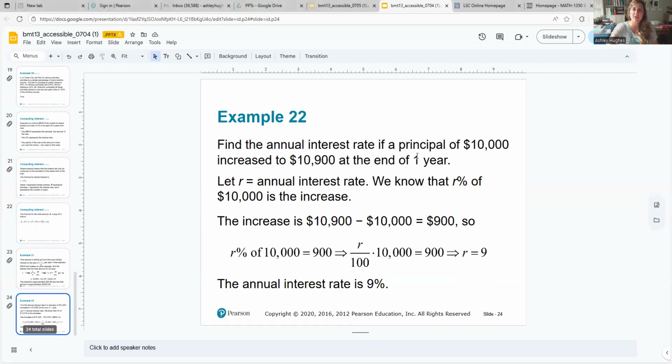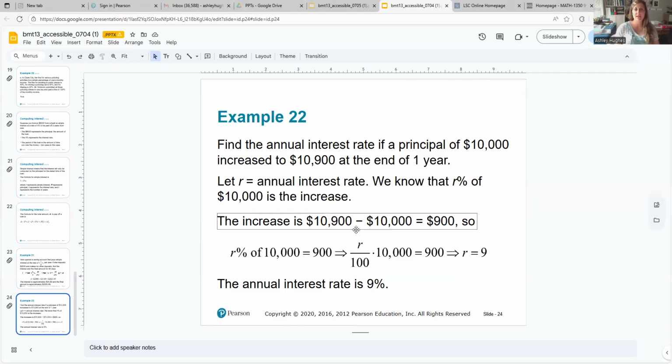Find the annual interest rate if a principal of $10,000 increased to $10,900. The R, the annual interest, we know the R percent of 10,000 is the increase. So what's the amount of increase? You subtract, you get 900. So what percent of 10,000 is equal to 900? That's what this is figuring out.